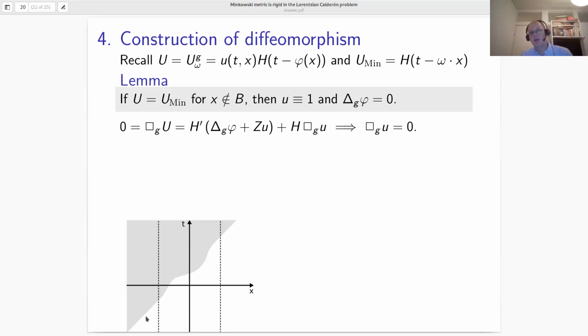Then I shift this interface up and down. This is where the shift parameter comes into play that I have hidden in the notation. So I can shift things up and down and sweep the whole space, and then this will be 0 everywhere. That's then the second fact here. So what really remains to be shown is that U is identically 1.